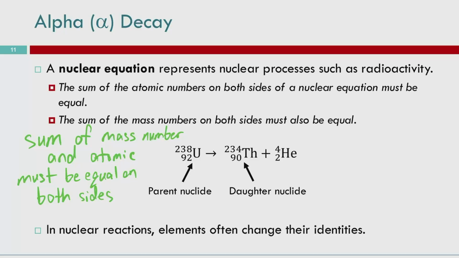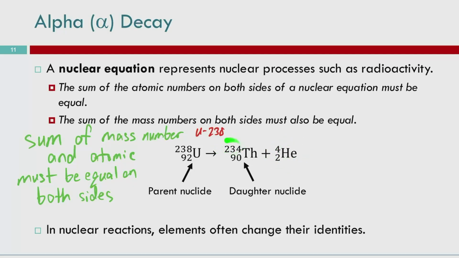So for example, in this nuclear decay equation, we're undergoing alpha decay. So our parent nuclide, the one that we started with, is uranium-238. So starting with uranium-238, our mass number is 238. If we look at the product side of the reaction, the parent nuclide produces a daughter nuclide and also an alpha particle.